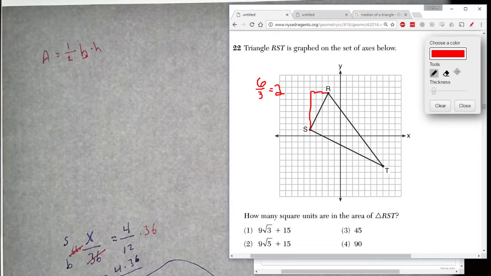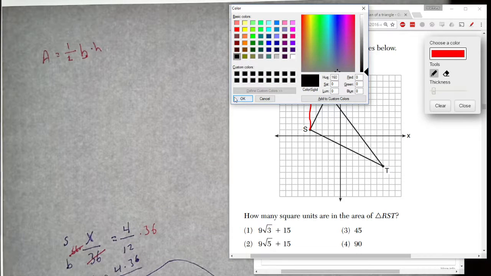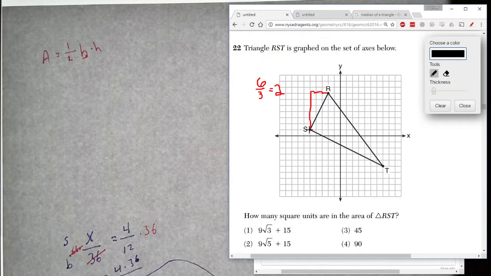For the other one that looks perpendicular to it, this goes 1, 2, 3, 4, 5, 6 down. So my rise is -6. And my run, I hope it's 12. 1, 2, 3, 4, 5, 6, 7, 8, 9, 10, 11, 12. Look at that.